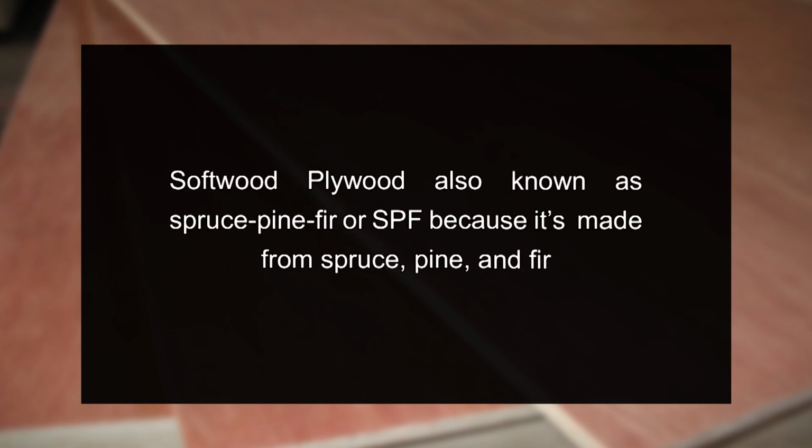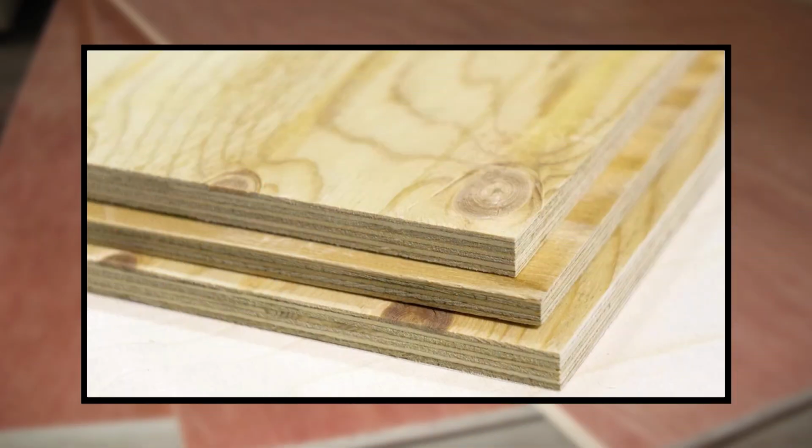Softwood plywood, which is also known as spruce pine fir or SPF because it's made from spruce, pine and fir. Though it can be made from cedar and Douglas fir also. Softwood plywood is less dense and may not be as strong as hardwood plywood.